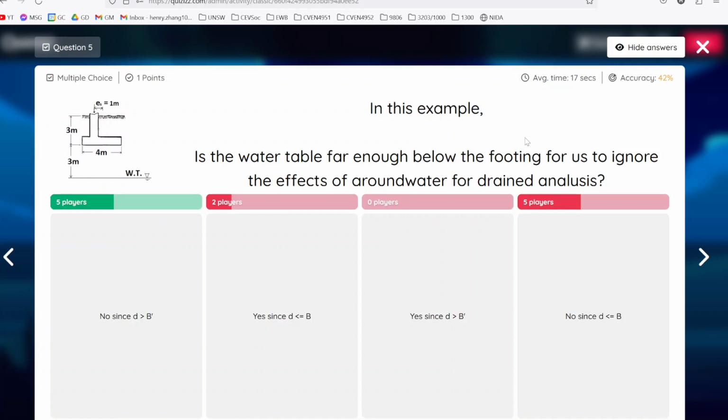Q naught, or the soil surcharge, is a function of the depth from the soil surface to the base of the footing. Whatever number you're going to get there is going to be to do with how the water interacts with the soil here, whereas gamma is going to be a function of how the water interacts with the soil here. It's a little bit more complicated than that, but that's the general case, right?